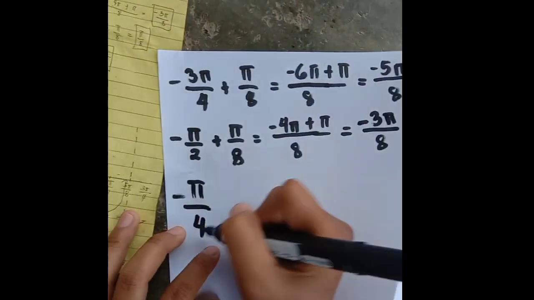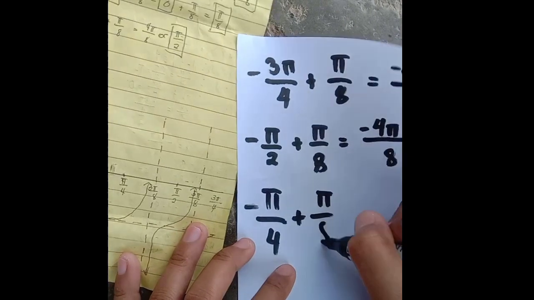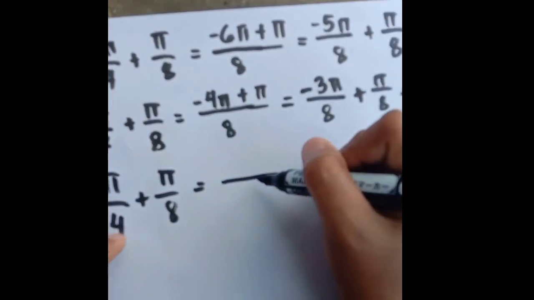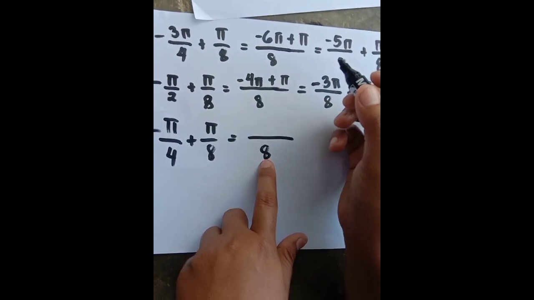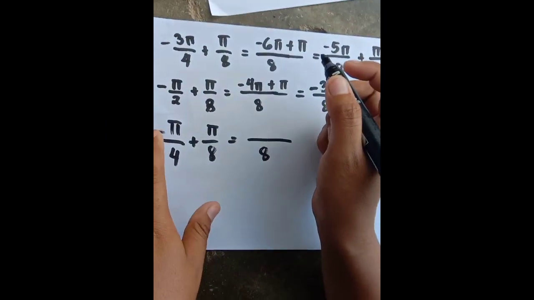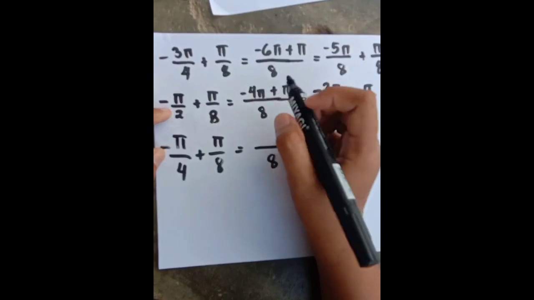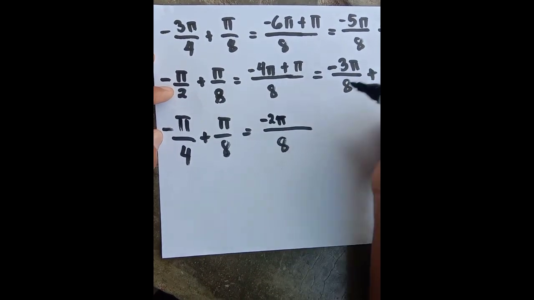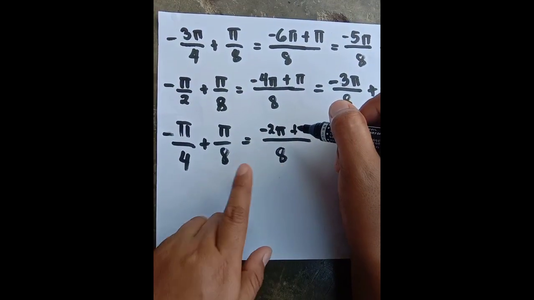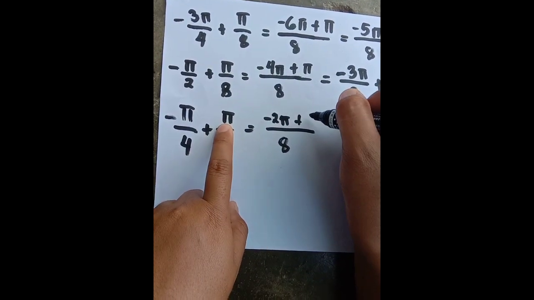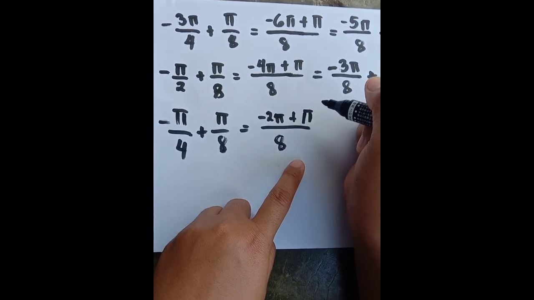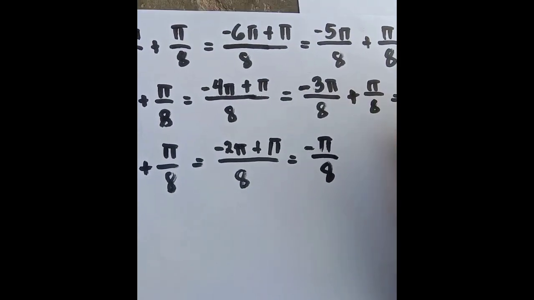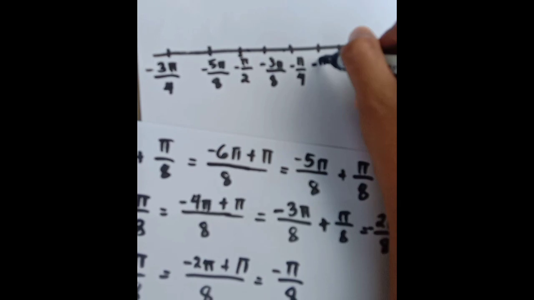Negative pi over 4 plus pi over 8, then they have different denominators, so find the LCD. The LCD is 8, so 8 divided by 4 equals 2 times negative pi, so the answer is negative 2 pi, plus 8 divided by 8, 1 times pi equals pi, equals negative pi over 8. And this is negative pi over 8.